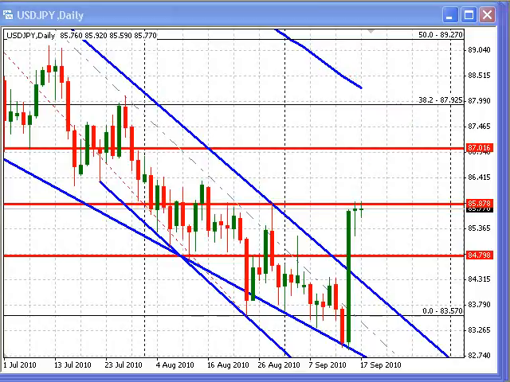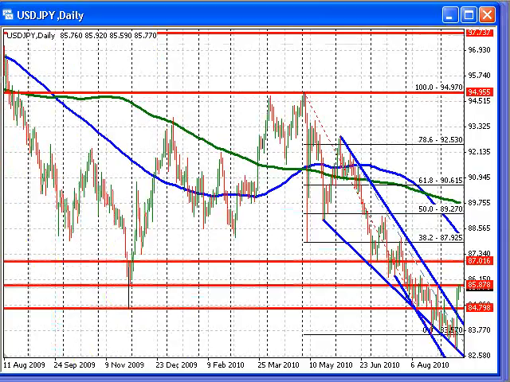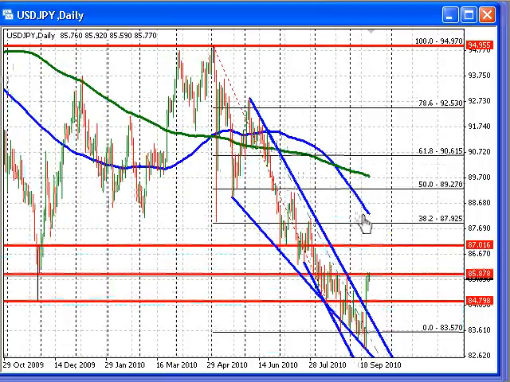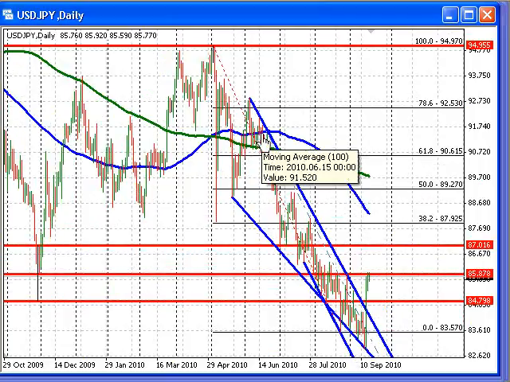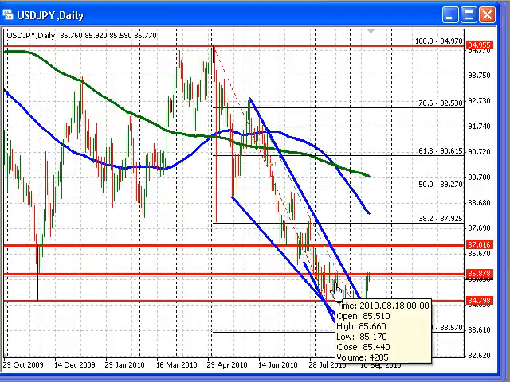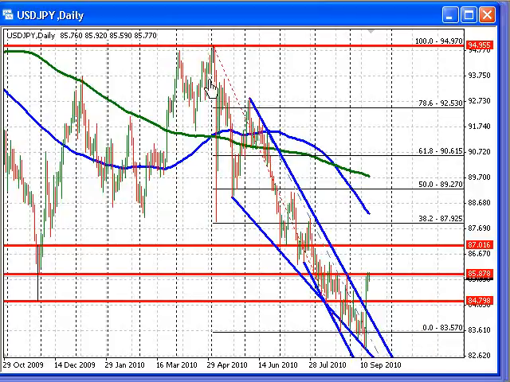The market has been below the 100-day moving average going all the way back to the middle of June, and it's a corrective move that corrects just a 38.2% retracement of the move down that we've seen of late in the dollar versus yen. 38.2 is a minor correction for that currency pair, and so to see that correction come up toward the 87.92-ish type area, it would not be a surprise to me.